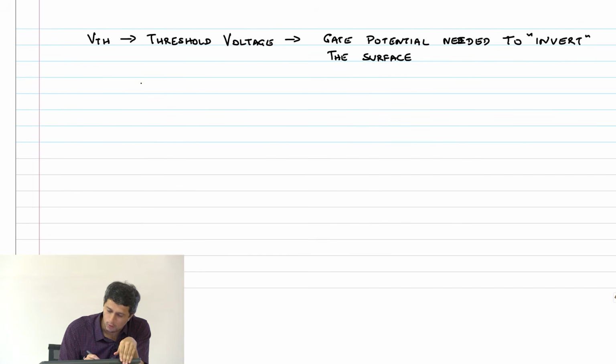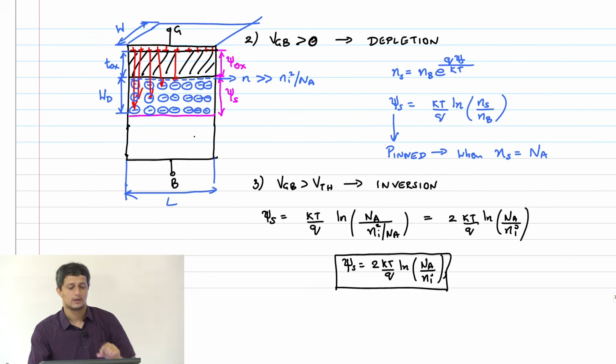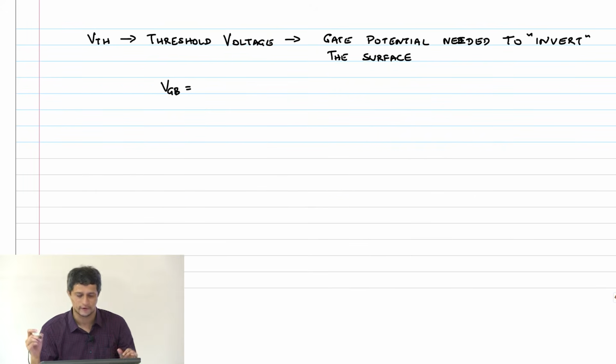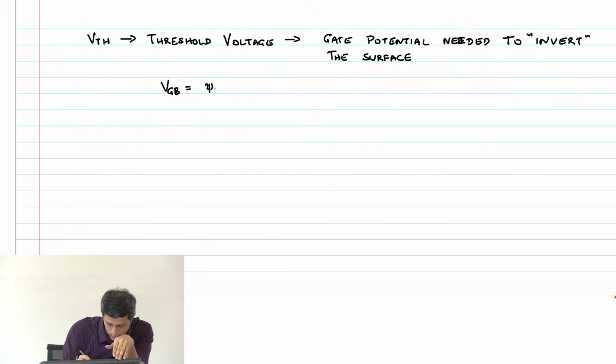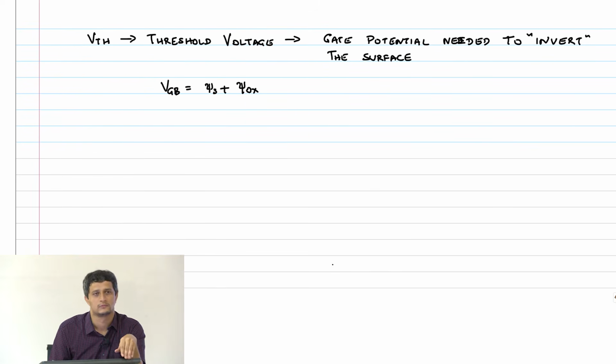So now what we are going to do is write out this expression, and just write the KVL around that loop. VGB is basically the potential across the oxide plus the surface potential, psi ox plus psi s. Now what is the oxide potential? It is just charge by the capacitance.